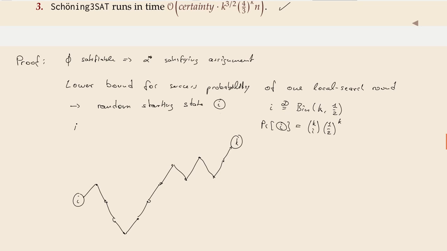If we're in this state i, then we need k minus i, and I'll call this u, up steps to reach the state k, which was the absorbing one. And then the length of any such path always has to have this component u, and some number of steps that we go up and down.